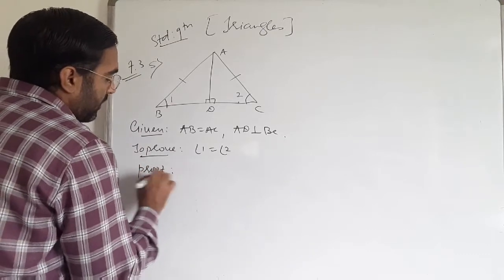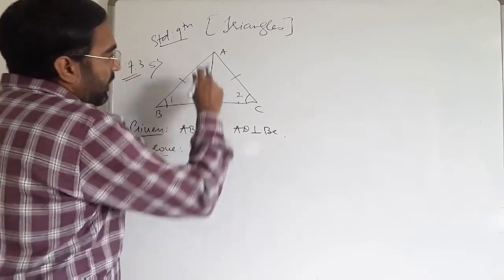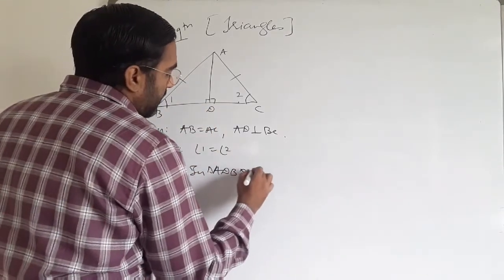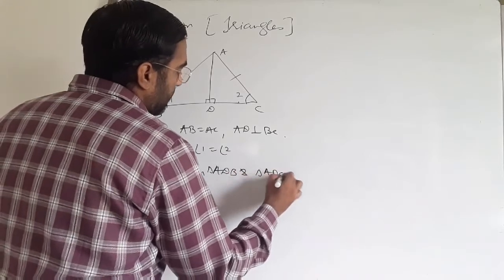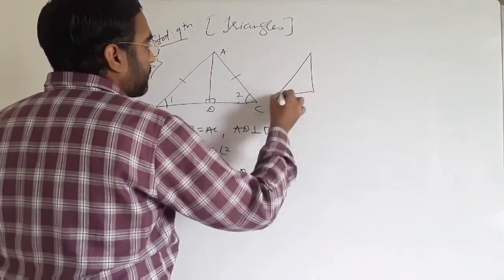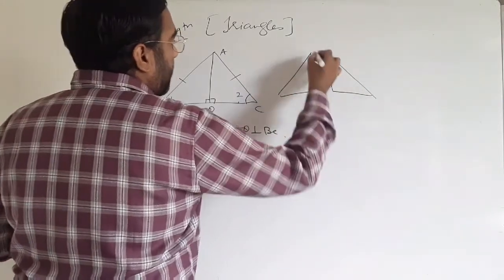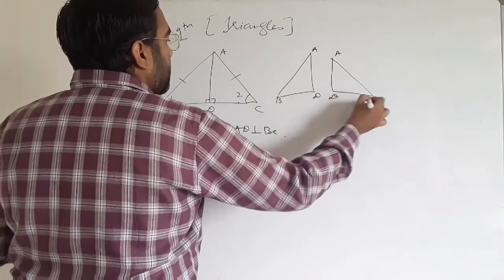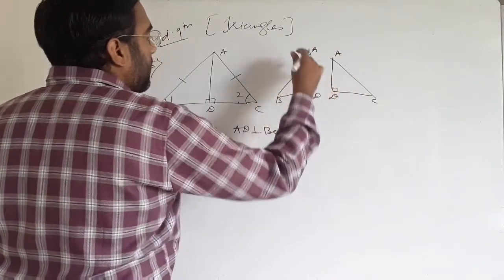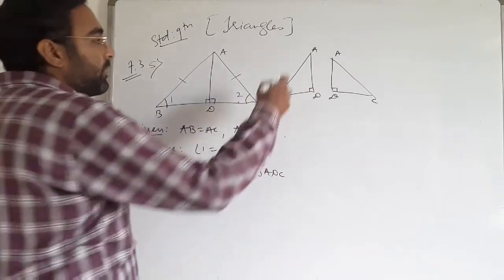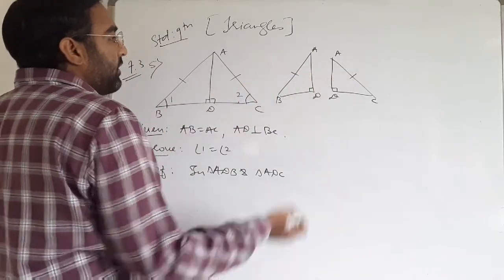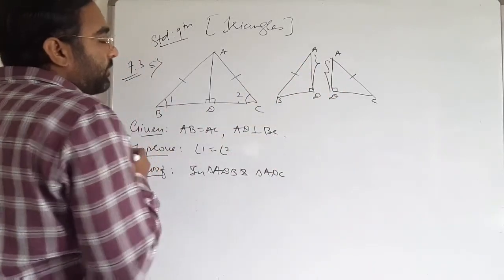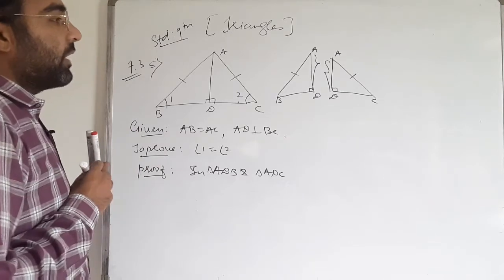In triangle ADB and triangle ADC, in both of them angle ADB and angle ADC are 90, AB is equal to AC is given, and AD is common.